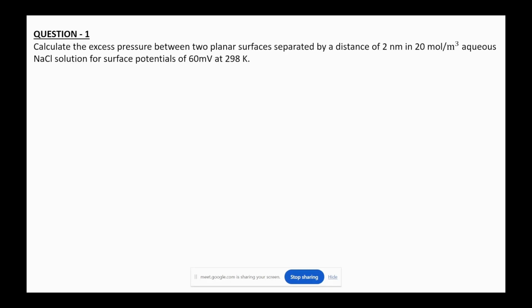Any ideas? If I'm not wrong, you have similar questions even in your assignment 7.